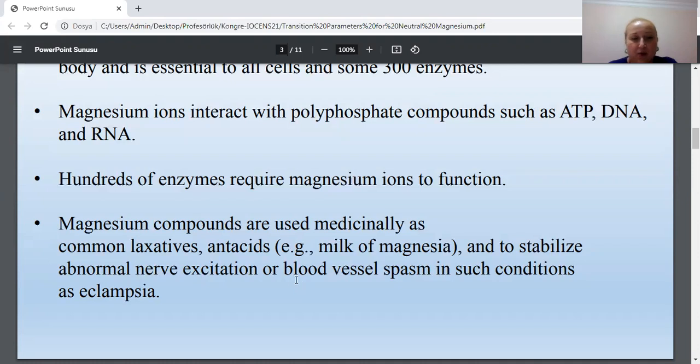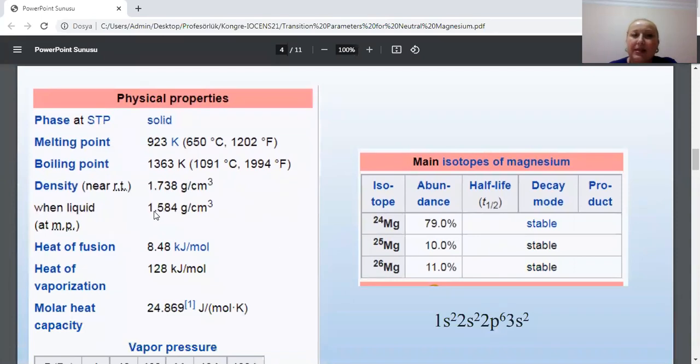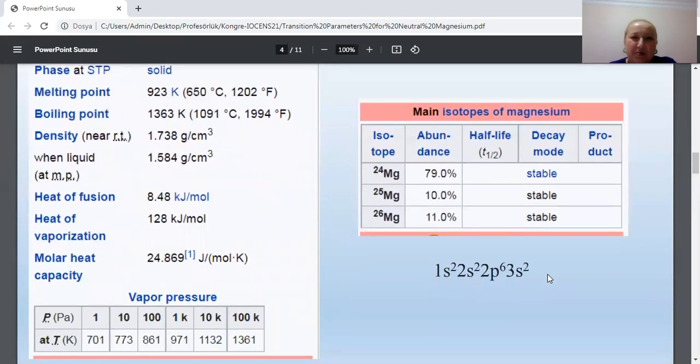Yes, that is from the medical part. And you can also see the physical properties of magnesium, melting point, density, like this on the left side, and on the right side you can see the stable isotopes. It has three stable isotopes, and you can see here the mass numbers, different mass numbers, but the atomic number is 12.